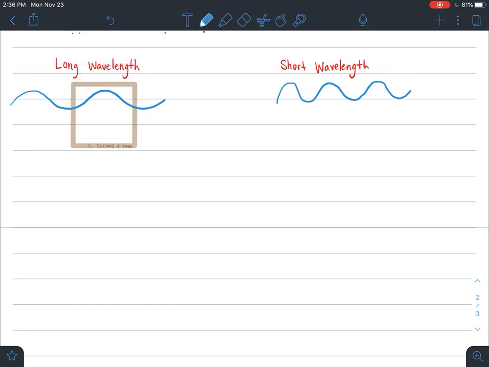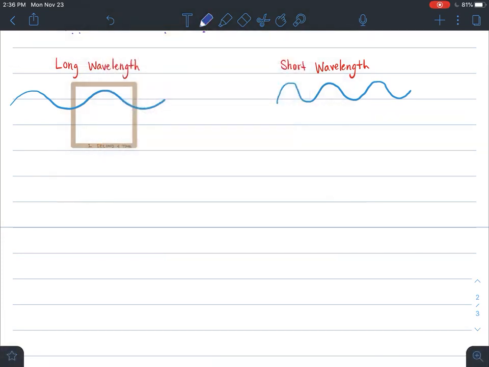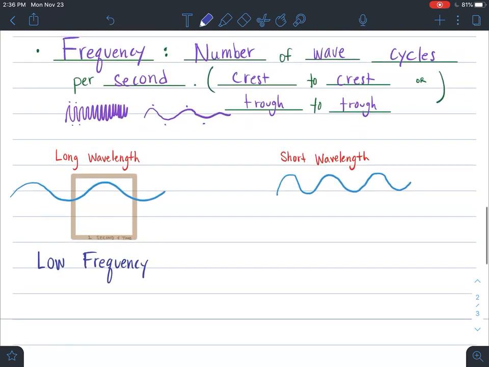So not many waves happen in 1 second, therefore it would be a low frequency. Because remember, frequency is the number of wave cycles per second, and there's not a lot of them per second.